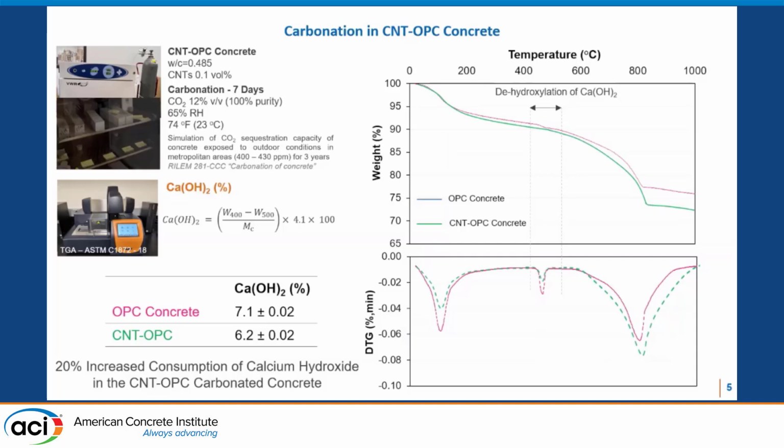Remember, we have 3 days moist curing, pre-curing, conventionally curing, and then we are adding 7 days carbonation. So for these 10-day carbonated specimens, we observe that the consumption of calcium hydroxide increases by 20% when we are adding carbon nanotubes to the system right here.